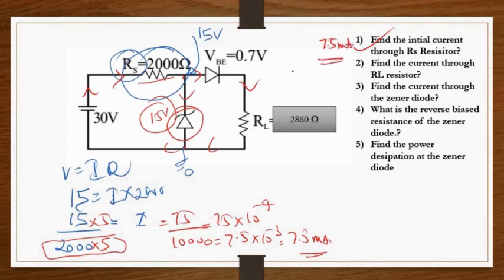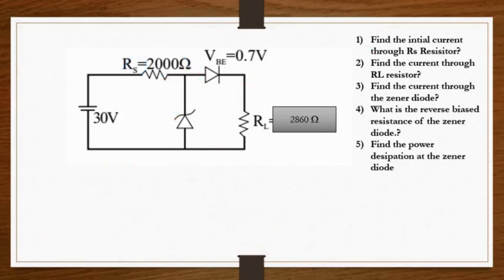Then they are asking us to find the current through the RL resistor, this load resistor, right? Now we know the total current is 7.5 milliamperes. So the current will get divided into two parts, this path and this path. They are asking us to find the current through this path. If I ground here, if it's 0 here, the potential here will be 15.